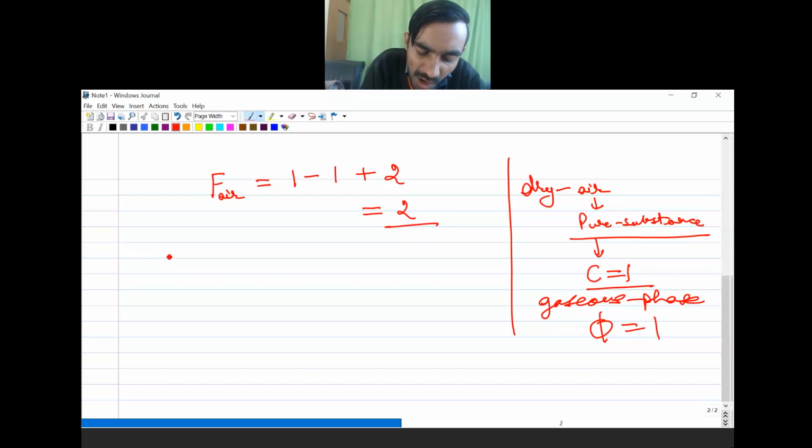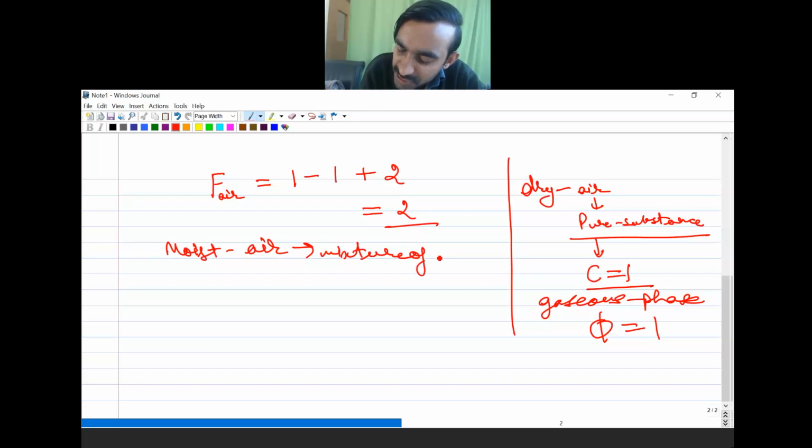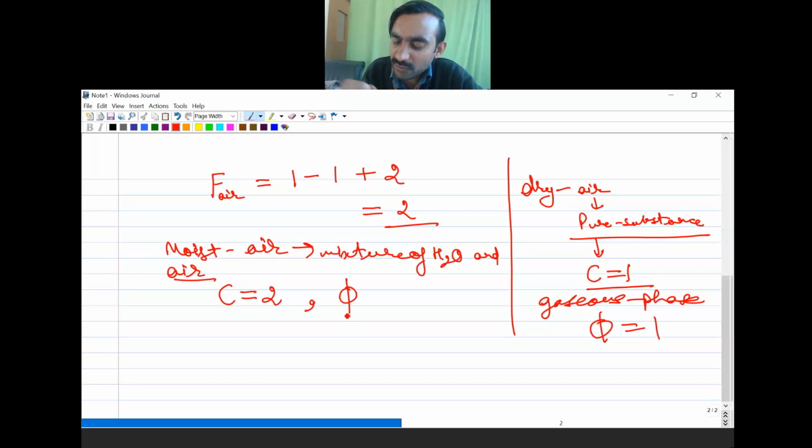If we are having moist air, which is a mixture of water vapor and air, then the number of components is now 2. Air is in the gaseous phase and water is also in the gaseous phase, in vapor form, so the number of phases is equal to 1.